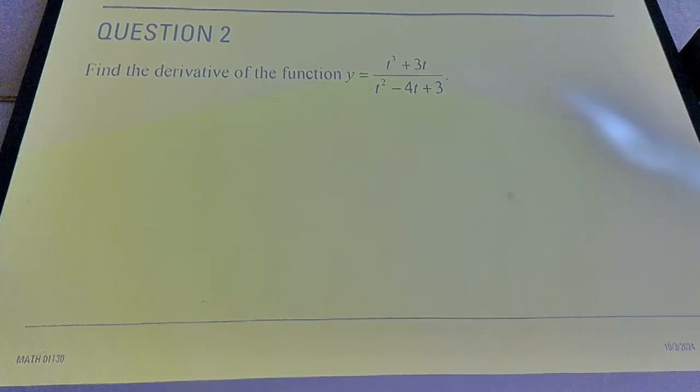How does that help? It doesn't. It actually makes it worse. Because then you have quotient rule and product rules. Yeah. This is just straight up quotient rule.